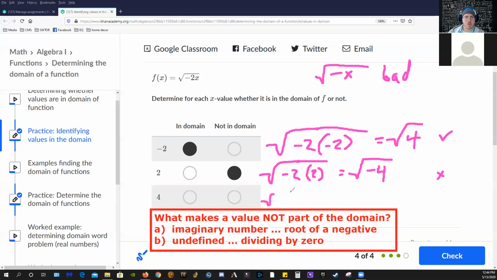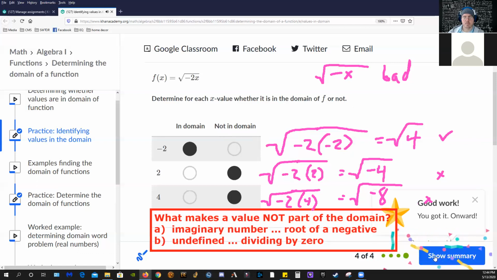Last one, square root of -2 times 4. That's the square root of -8. Yeah, that's no bueno. The only one that had a root of a positive value was the first one. Okay. So that is determining the domain of a function.